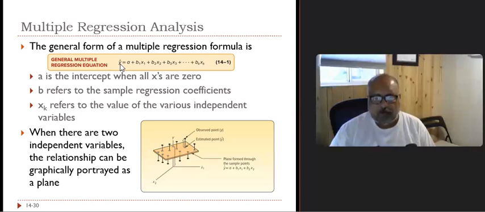And this type of equation is basically an enhanced version of the equation of a line that we saw earlier for a regular line of regression. So A is the intercept, that's the y-intercept.